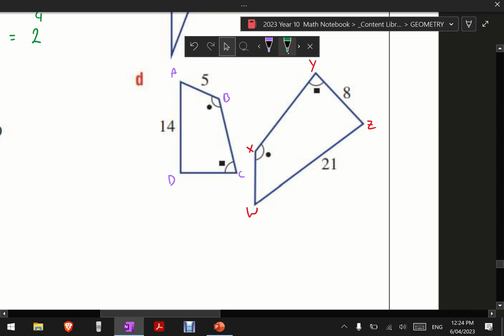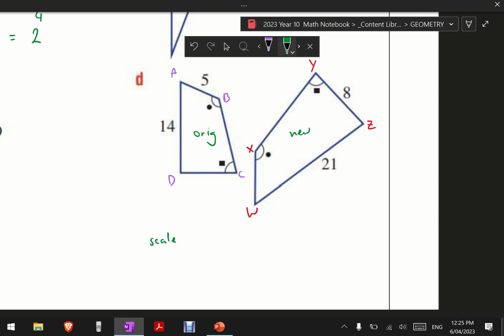So let's find the scale factor. Remember the formula? Actually, I'll just call this my original. This is my new. Always treat it like that unless the question might ask otherwise. Just double check it. So in this case, the scale factor is going to be the new divided by the original.